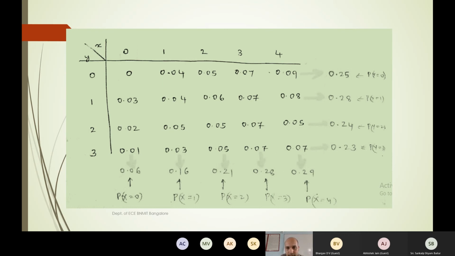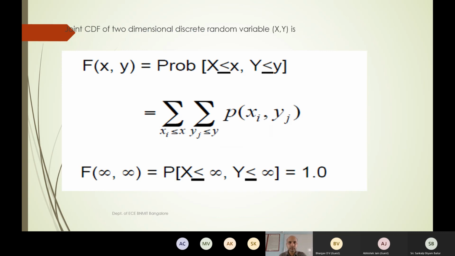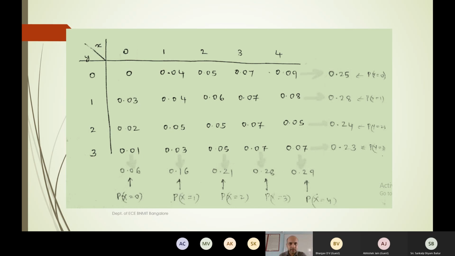Likewise, this, and if you look at this very carefully, you have generated the probability mass function of the single random variable Y, which is humidity. Similarly, if you add the columns like this, probability that X equal to 0, you would get back this. Probability of X equal to 1, you get 0.16. So this is what you have here.